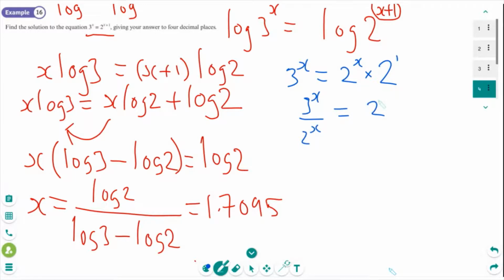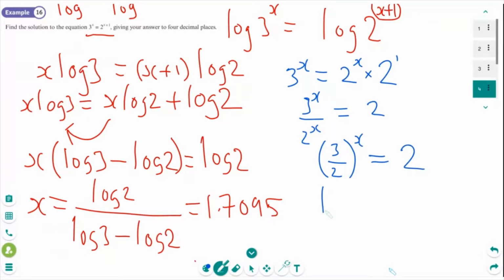So the left-hand side, top and bottom have the same power. So I can rewrite this as 3 over 2, like that. Now I can solve it like I was doing before. So the base, this is 3 over 2 is my base.